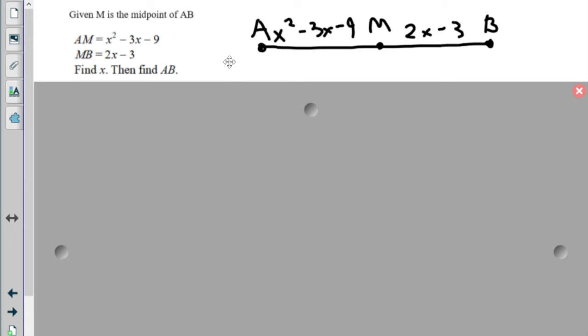So again, see if you can come up with an equation here. These are equations that you should know. I pulled these from problems that we've been doing since chapter 1. So if you remember what a midpoint is and what it does, that should give you your equation that you're setting up.